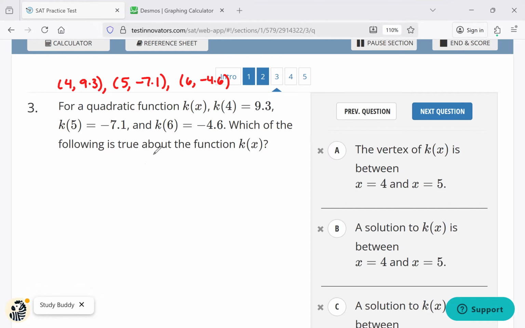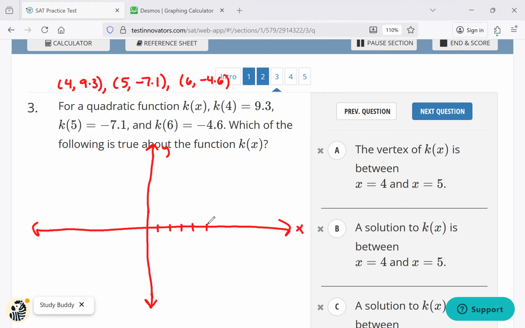Okay, so if you plot it, this is going to be 2, 2, 4.